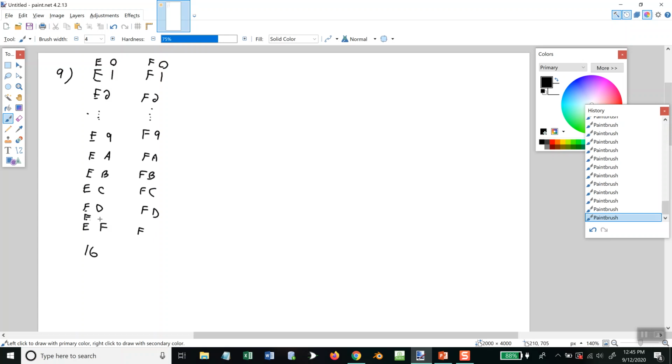FE, and FF. Okay, 10, 11, 12, 13, 14, 15, 16. So 16 possibilities there. So through the additive principle, if I add those together, that's going to give me a total of 32 possibilities.